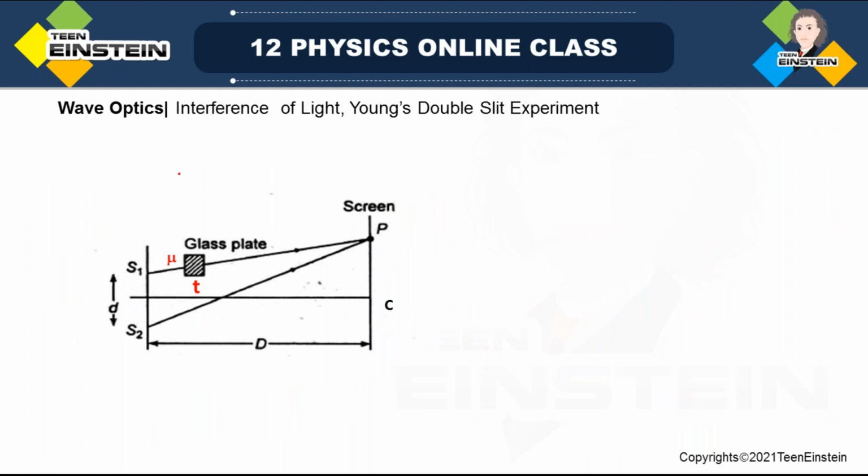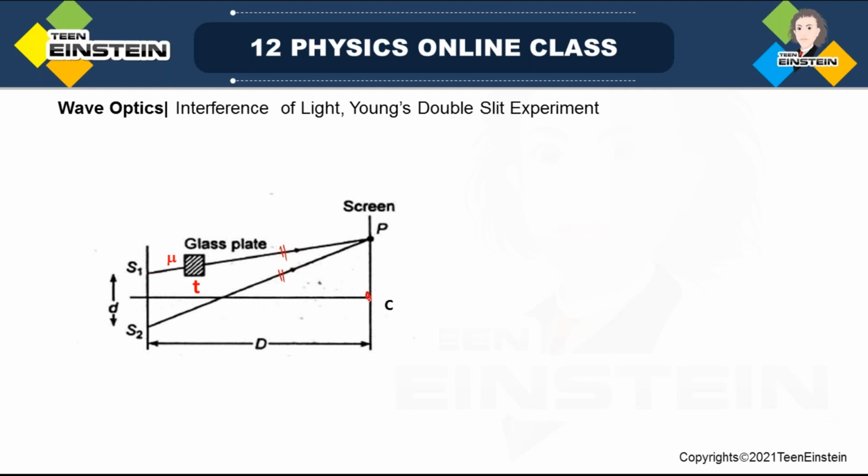I'll quickly discuss one more point and then I will stop the class. Look, we have seen that in Young's double-slit experiment, the light waves from S1 and S2 interfere at any point of the screen, and alternately you get dark and bright fringes. That depends on whether the two lights meet in phase or out of phase.